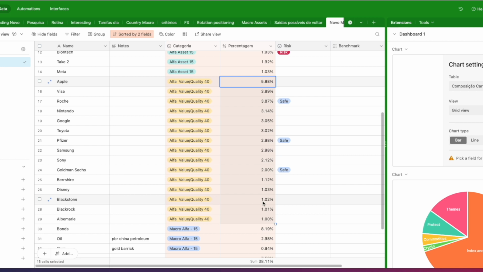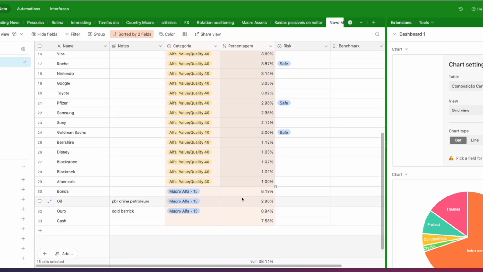And I think it's very important to bet on value and quality at this moment.